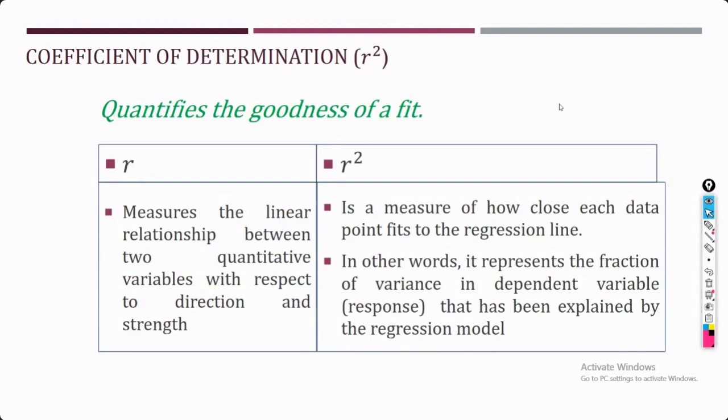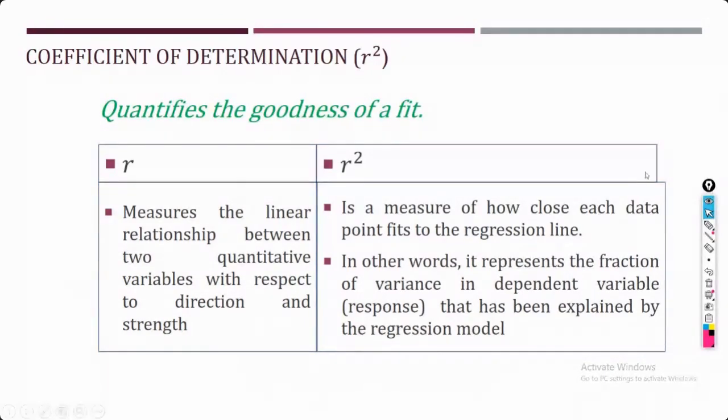In case of R squared, this is also known as the coefficient of determination. It tells the amount of variation that was present in Y that has been explained by your model.